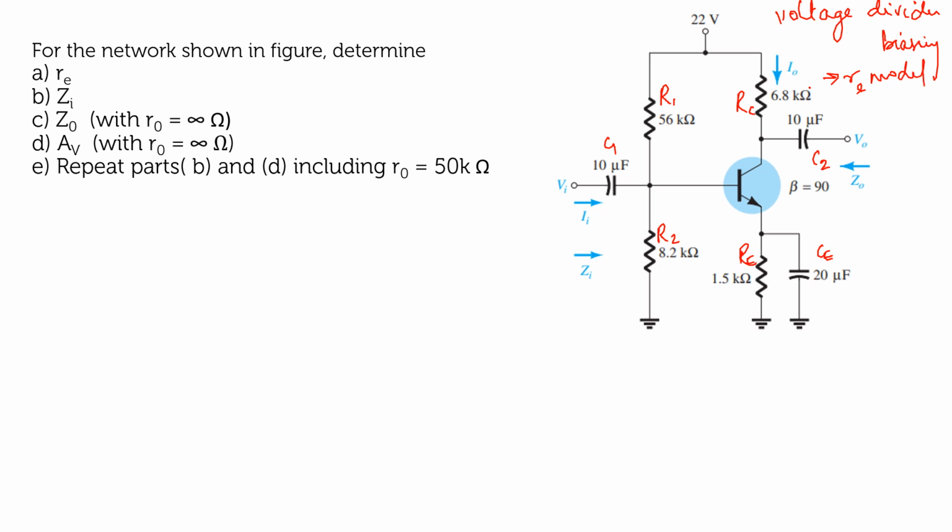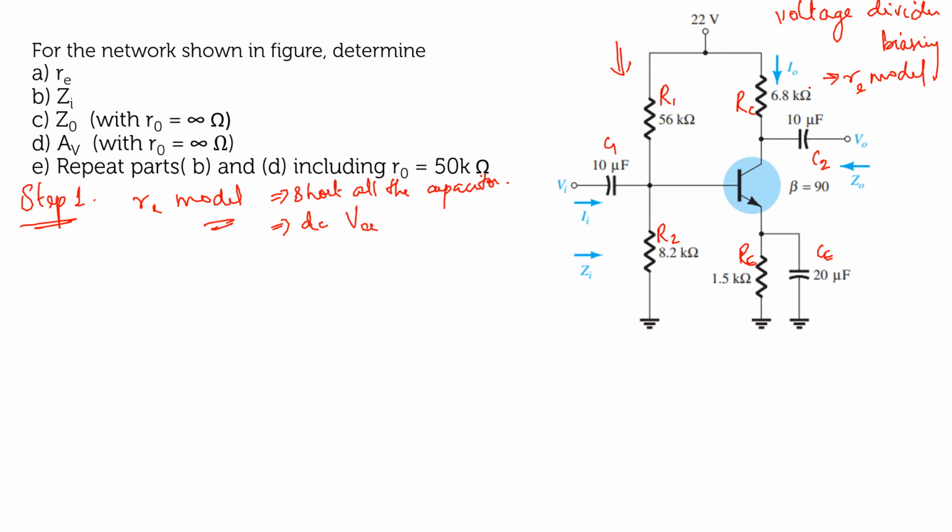So first, what is your step 1? As we have done in the previous problem, step 1, we are going to replace this circuit with its equivalent RE model. So if we want to replace it with its equivalent RE model, you have to short all the capacitors and eliminate the DC effect, that is VCC.